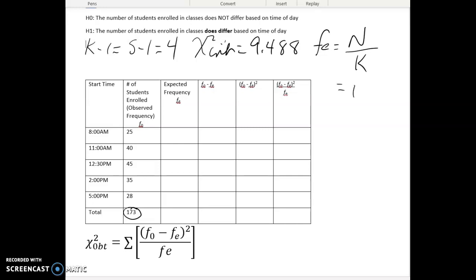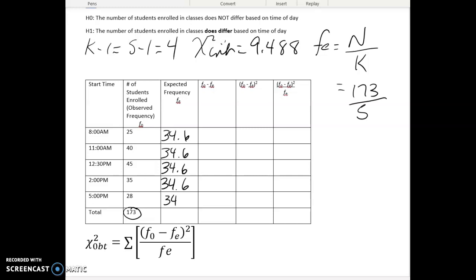So that's going to be 173 divided by 5, and that's going to give us a value of 34.6, and we're going to count that as the expected frequency for all 5 class times.